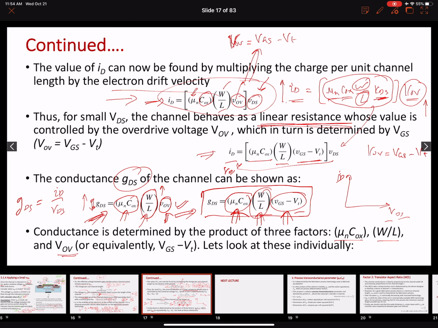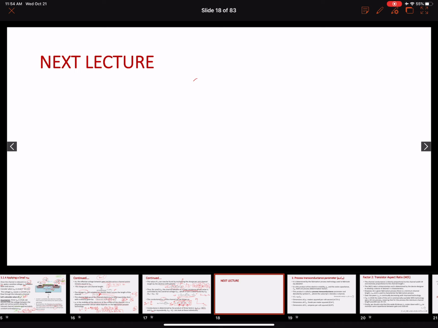Okay. So we saw that, again, going back to the earlier equation, let me rewrite this equation so it will be helpful. Our drain current is equal to mu n C ox W over L VOV VDS, and GDS is equal to essentially this mu n C ox W over L VOV, right?